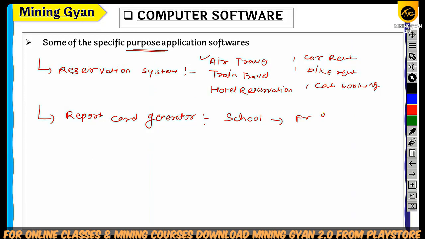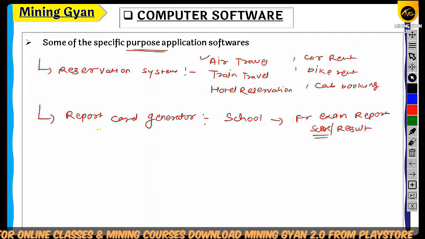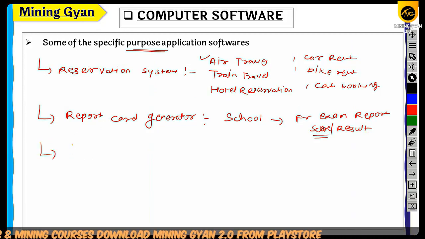So for exams, scores and results, the scorecard or result card, these are the report card generator specific purpose applications.